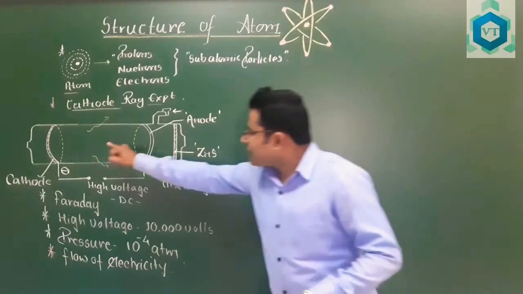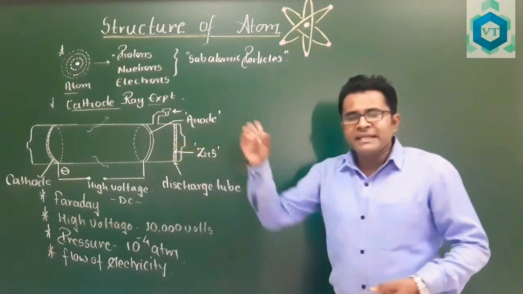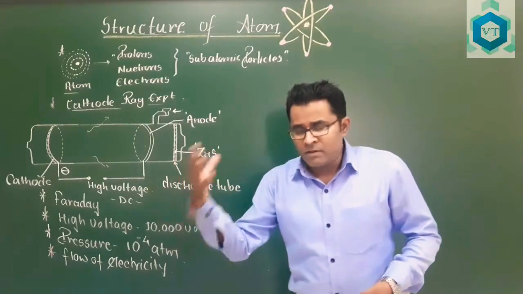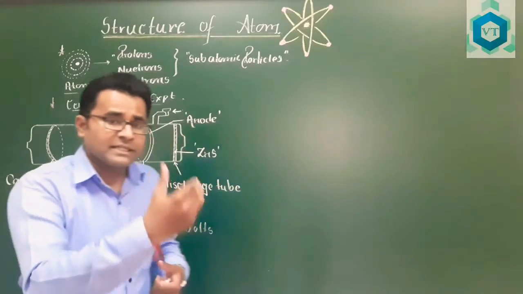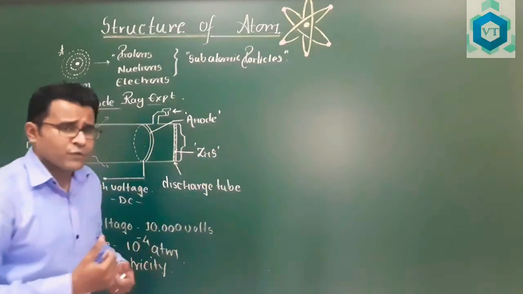Whenever any ray falls on it, it starts to glow. That particular thing is called phosphorescence. That unique character is called phosphorescence.